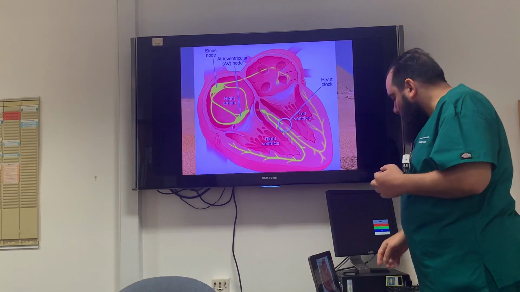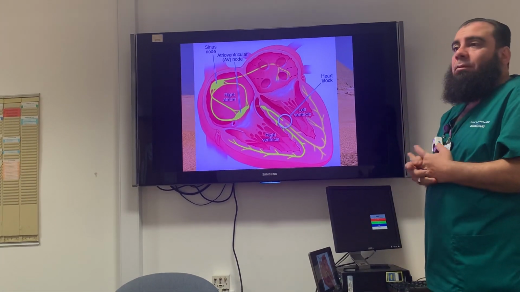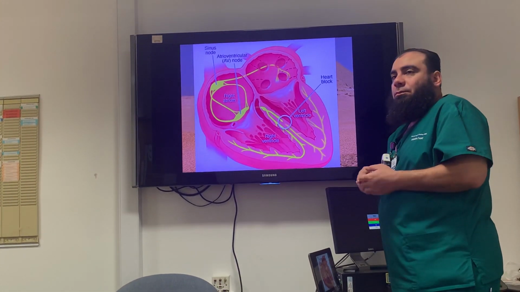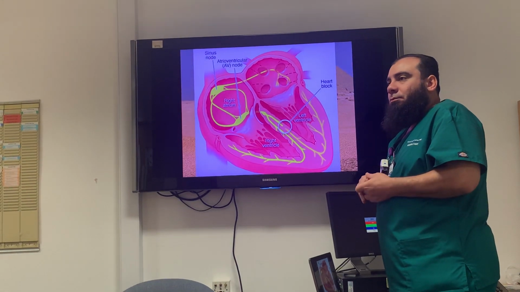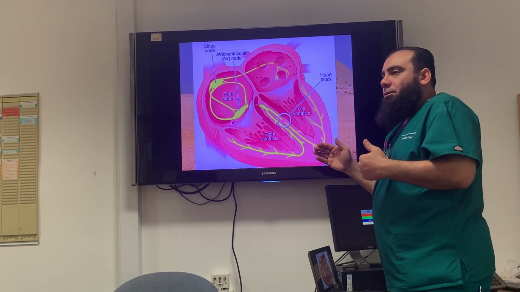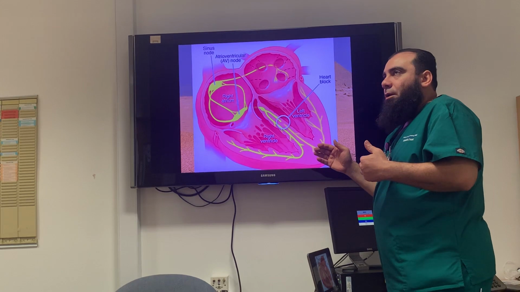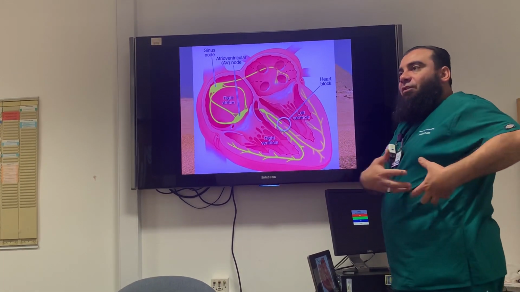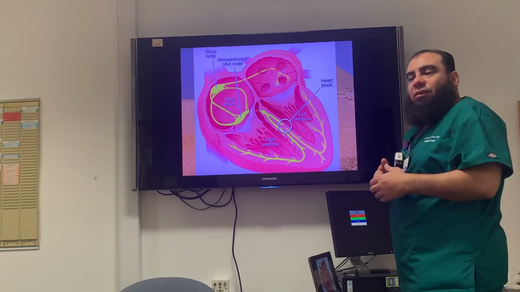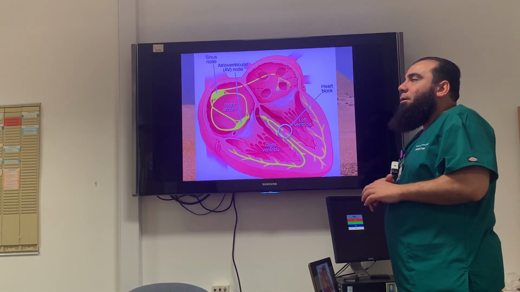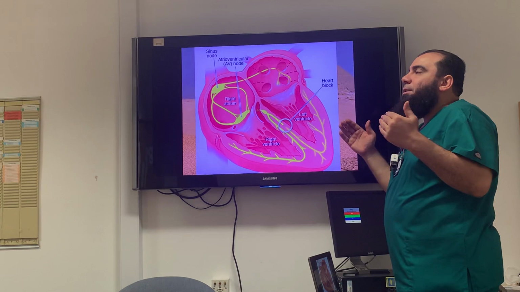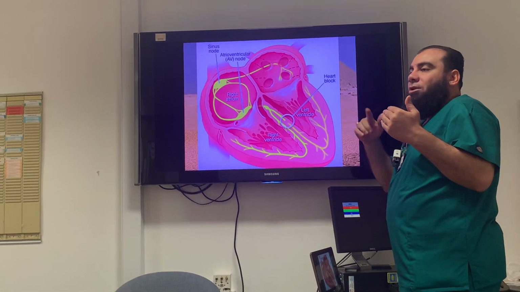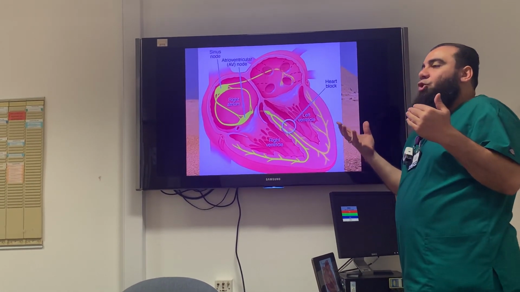Okay? What do we expect? We expect the left ventricle in V5 and V6, isn't it? We agreed that the left side, V6, actually shows the left ventricle. So what do you expect? What does the QRS actually represent?